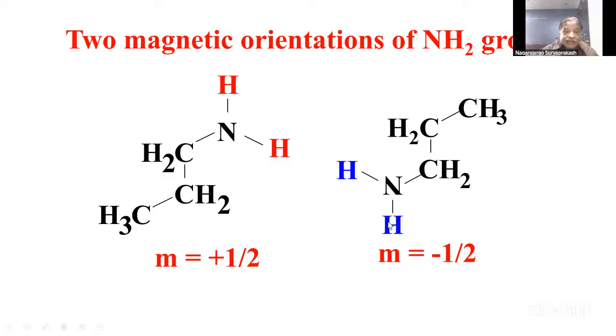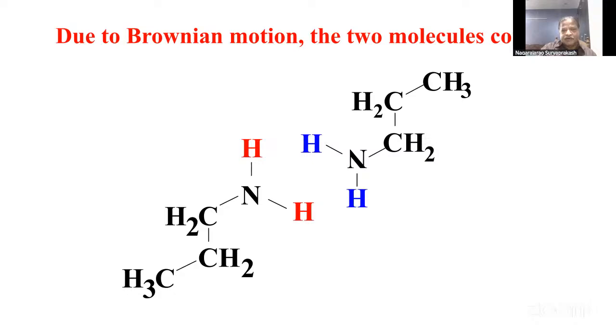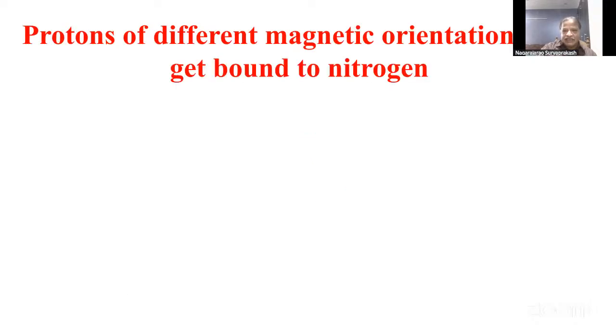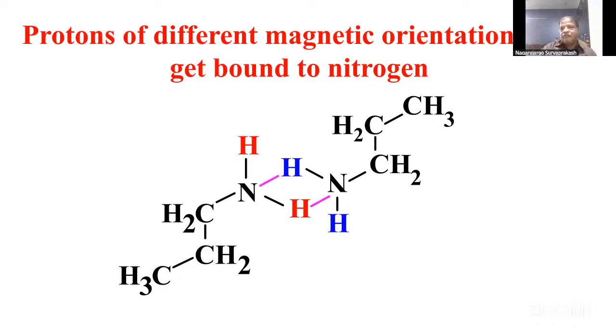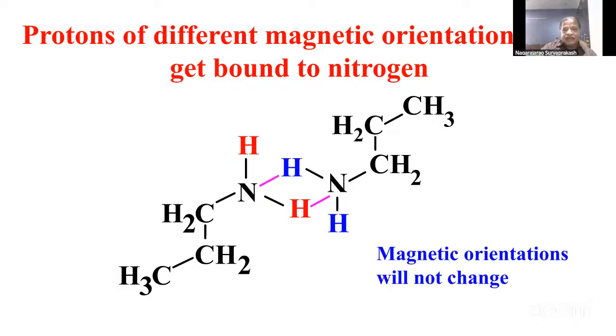And they keep coming closer and moving away. Because of the Brownian motion, it comes like this. When it comes like this, it forms a hydrogen bond like this. Temporarily, it creates a bond like this. And after some time, but still the magnetic orientation is not changing, it establishes contacts with another proton. This nitrogen establishes contact with the proton of the other molecule. I'm not going into more details.